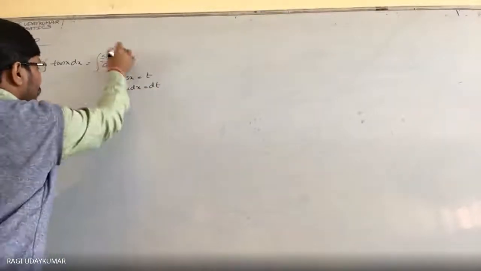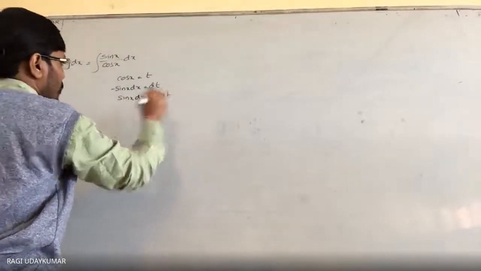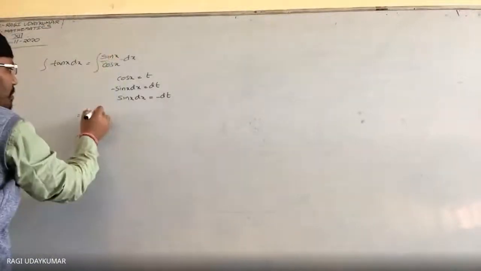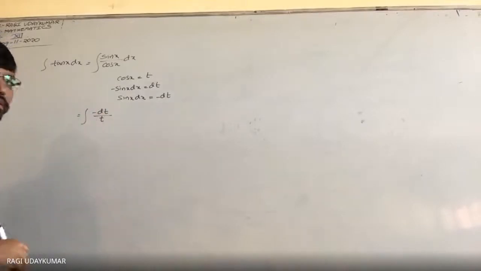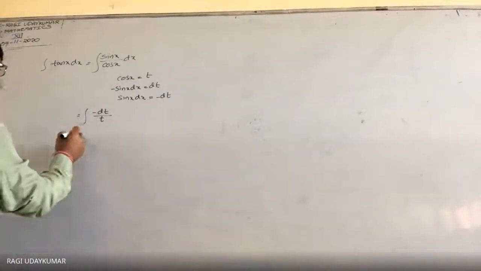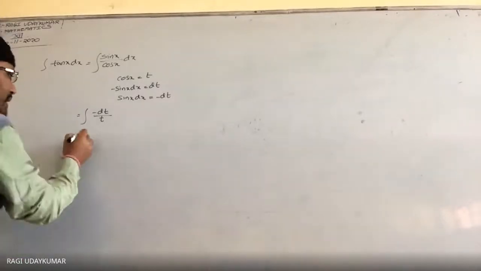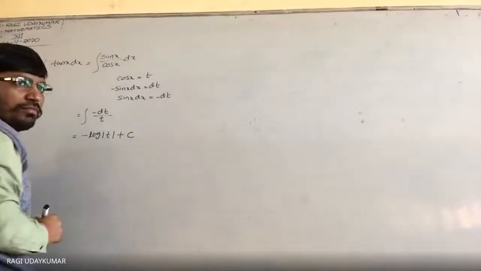So sin x dx is equal to minus dt, which gives minus dt by t. So what are you going to get here? Minus logarithm of modulus of t plus c.